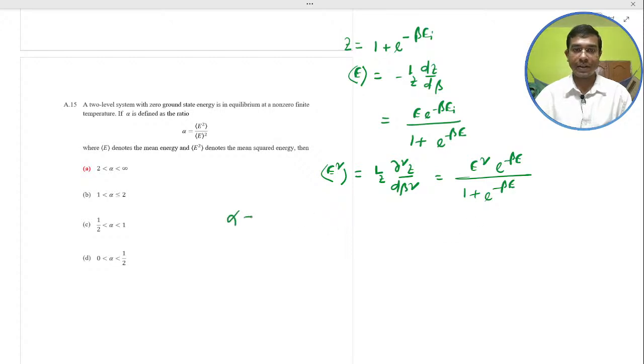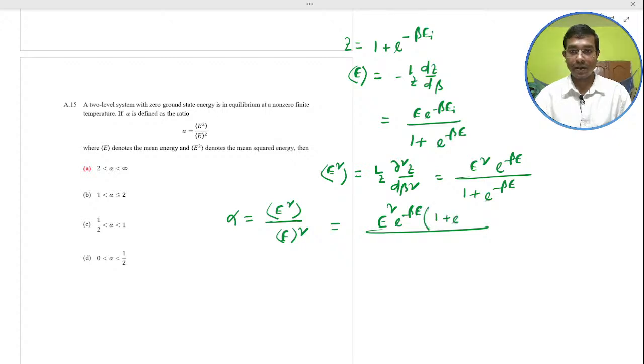epsilon square e to the power minus beta epsilon. So alpha is defined by the average of E square over the square of the average of E. Put this value here. So here, epsilon square e to the power minus beta epsilon divided by 1 plus e to the power minus beta epsilon, over epsilon square e to the power minus 2 beta epsilon divided by (1 plus e to the power minus beta epsilon) square.